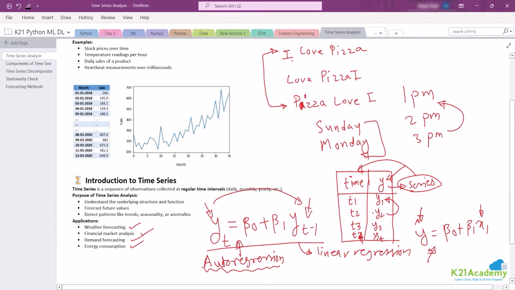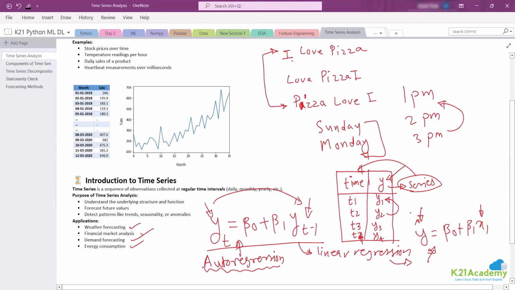We can say yes, we can use linear regression for time series analysis, but the only condition is that we need to sort the data according to time. If we sort our data as per time and want to predict the future, in that case we can use regression.